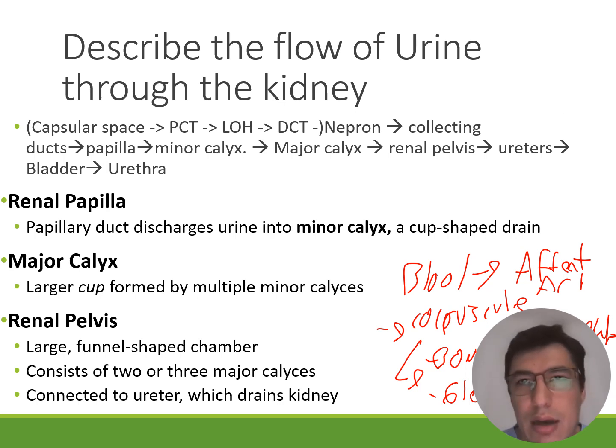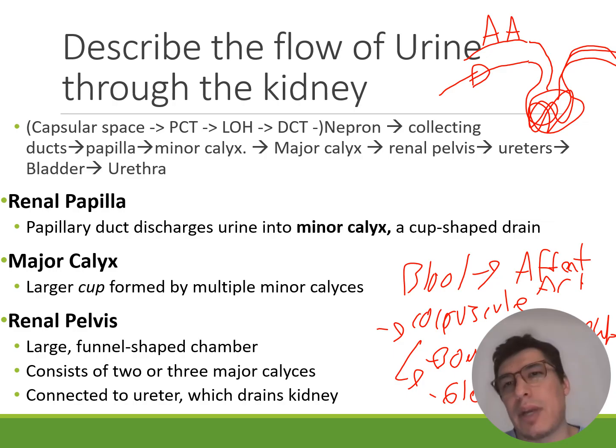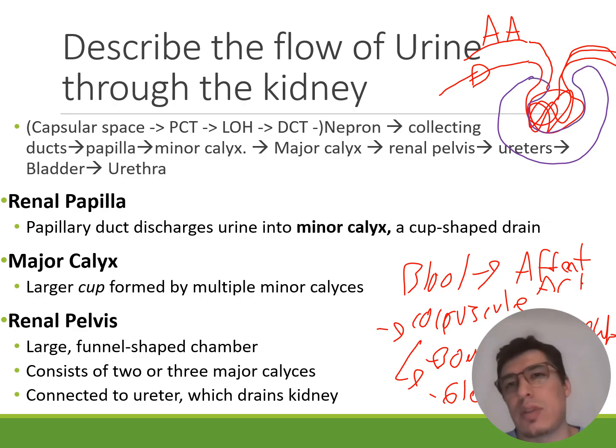So you can think of the afferent arteriole. So the afferent arteriole will be bringing blood into that glomerulus. The Bowman's capsule will be hugging all of these capillaries.